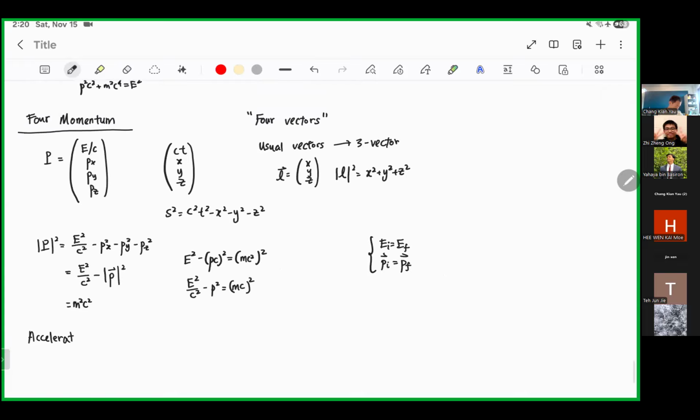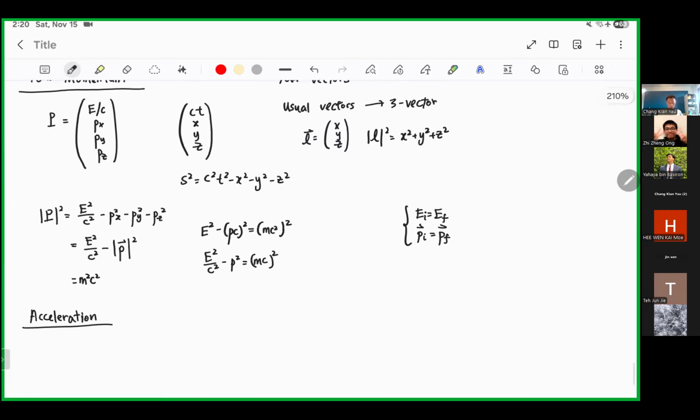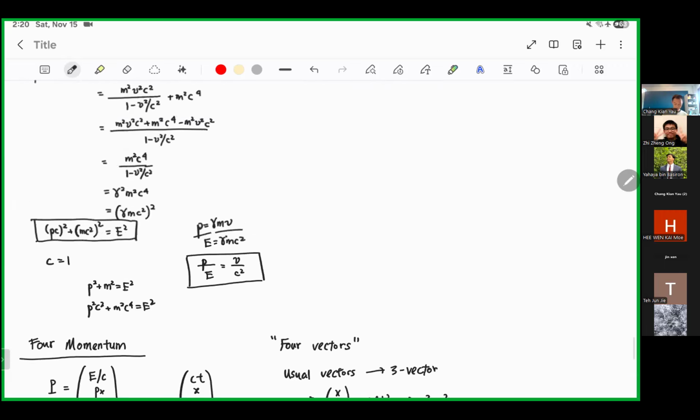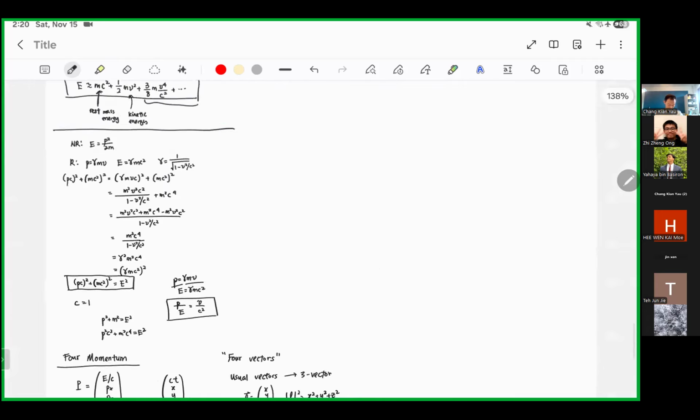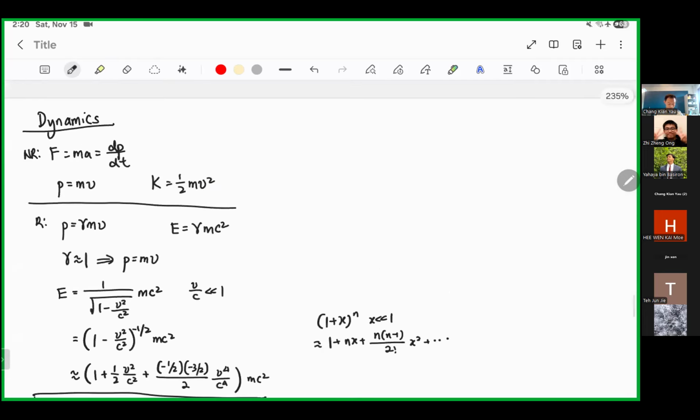Actually, okay, I've postponed acceleration until now because I think it's better if I structure the course this way. If you look back at non-relativistic cases, F equals ma equals dp/dt. But now that we've redefined momentum, we still haven't given acceleration a proper definition, so we're going to do that now.